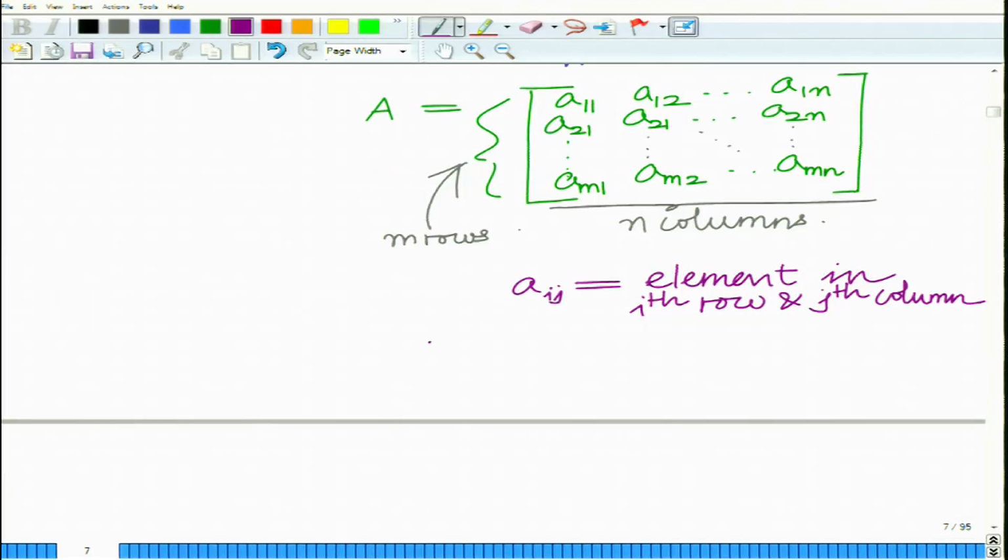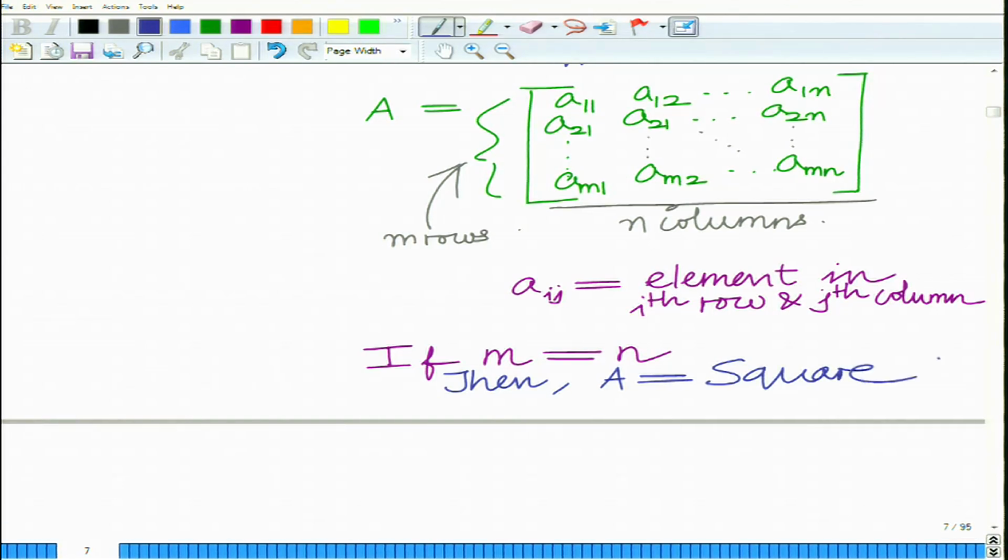Okay. So, if m equal to n, then the matrix A is a square matrix, that is when the number of rows is equal to the number of columns.